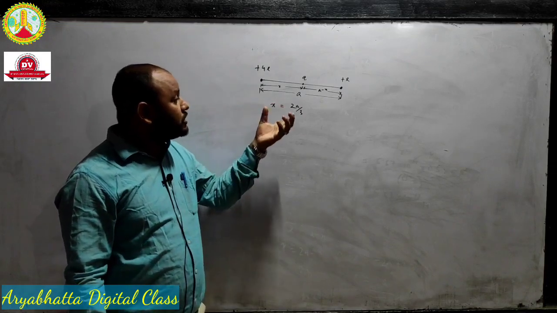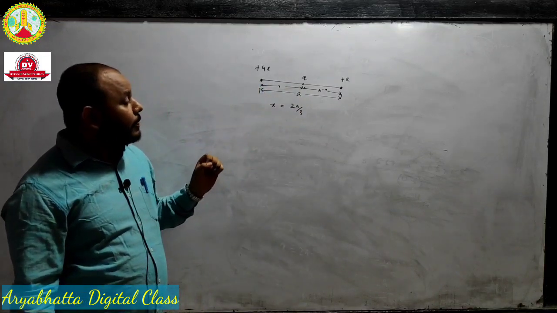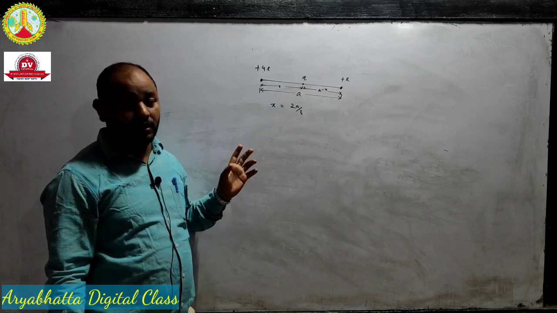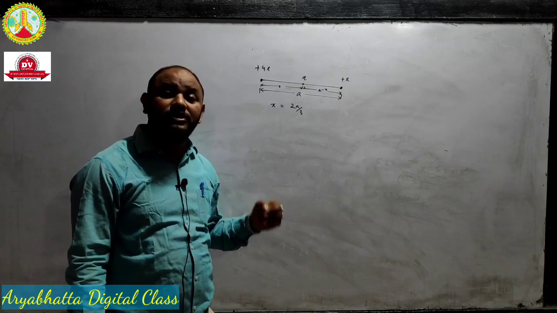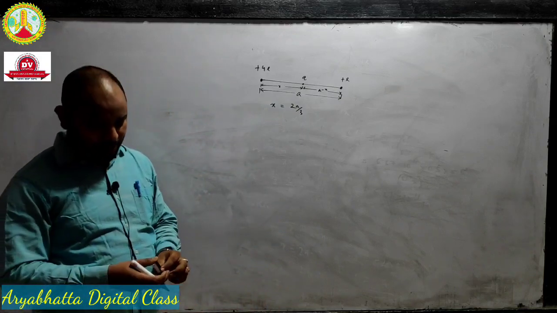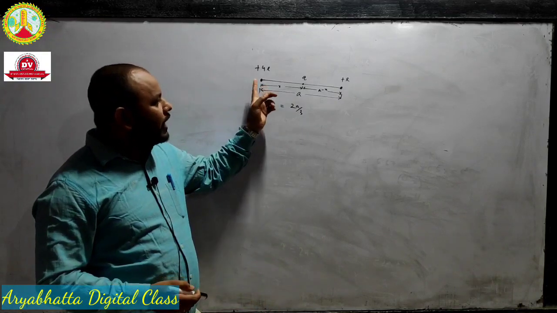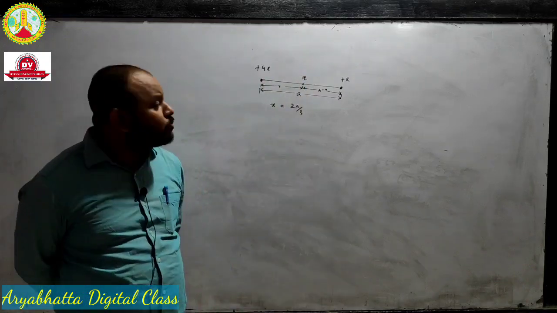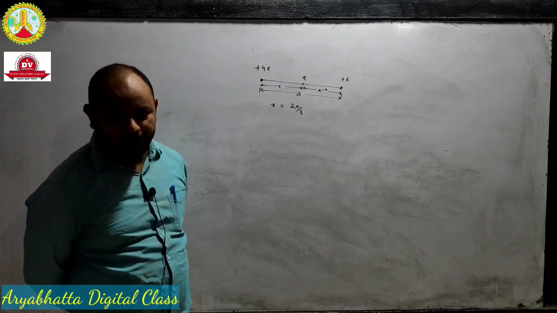There is another question regarding this numerical: in which case the equilibrium will be stable and in which case it will be unstable. Plus 4e and plus e are the 2 point charges, separated by a distance a.